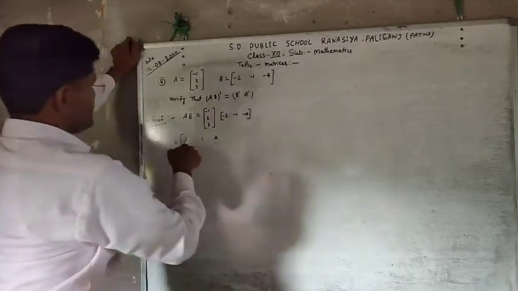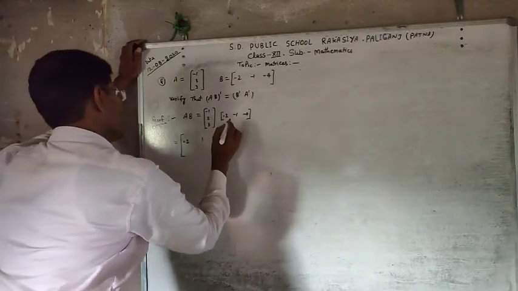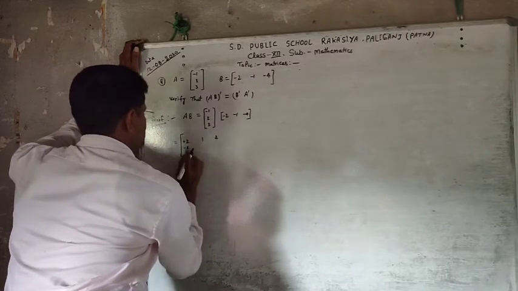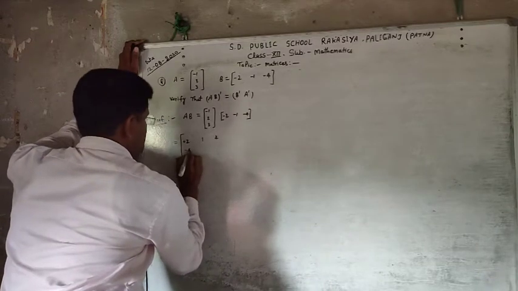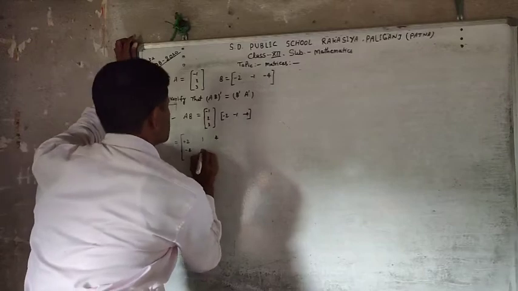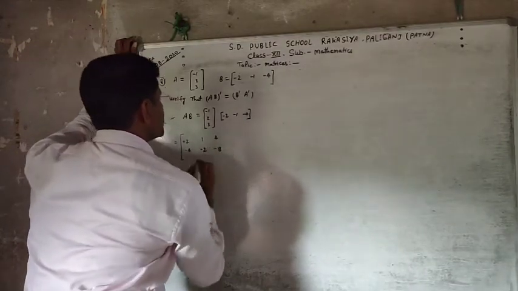Now we operate the second row with all the columns. 2 into minus 2 is minus 4, 2 into minus 1 is minus 2, and 2 into minus 4 is minus 8.